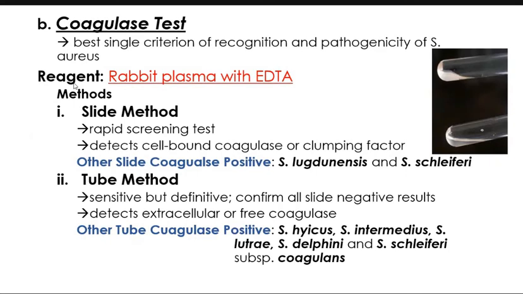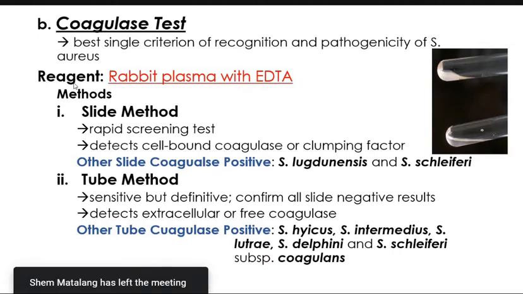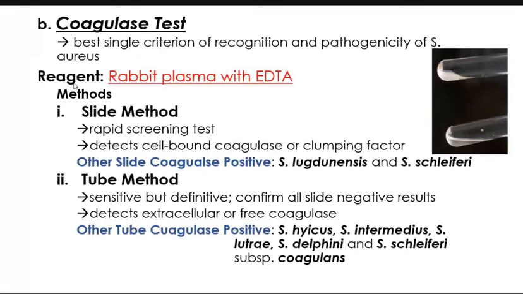So, other tube coagulase positive din, andun lahat, si hyicus, intermedius, lutrae, delphini, schleiferi, and again, tignan nyo ha, subspecies coagulans. Kasi dalawang subspecies niya because si schleiferi na isa na walang subspecies is coagulase positive, but si schleiferi subspecies coagulans is tube coagulase positive.